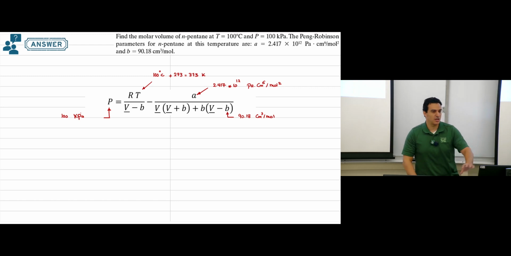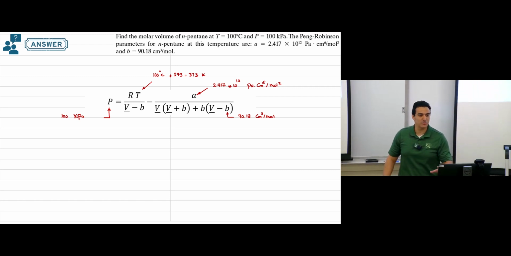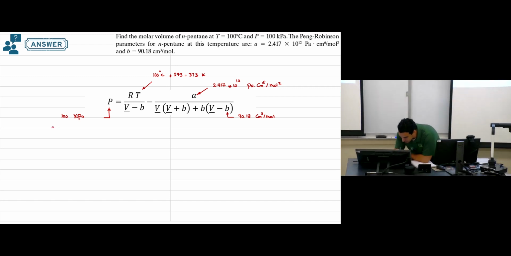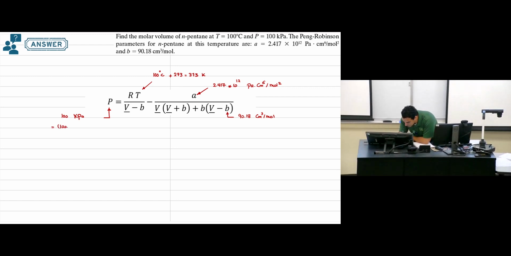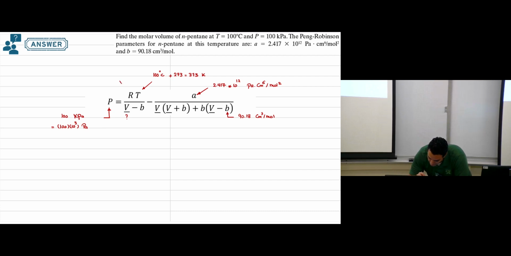Again, kilopascal, is this the pressure unit in SI system? No. What is the pressure in SI system? Pascal. So this one should be 100 times 10 to the power 3 Pascal. Then molar volume, this is what we need to find. The only remaining thing is R.